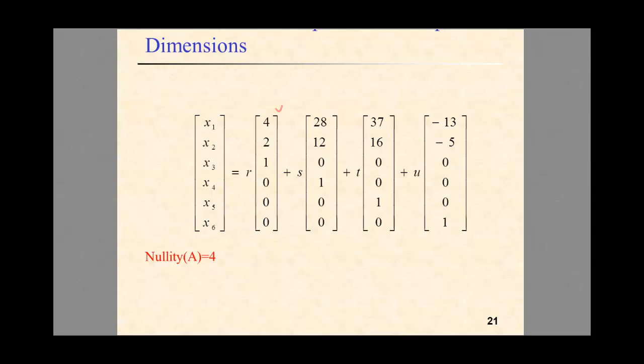So r, s, t, u are the variables, because when we put different values we get different answers. So we can take any value of r, s, t, u. That's why we take them. So this is the long process from which we can solve for the nullity.